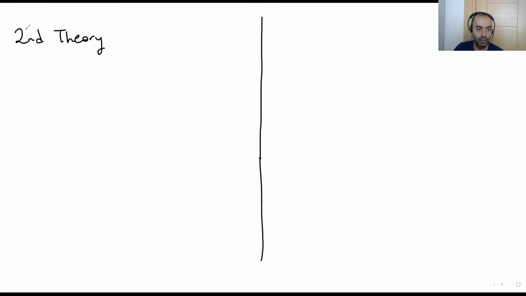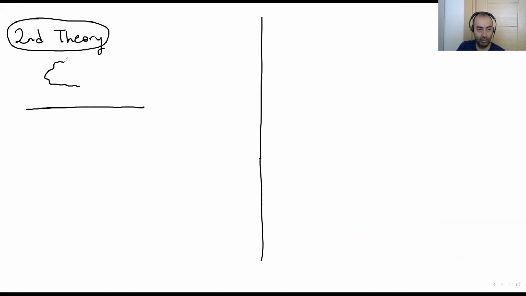Okay, let me write here. This second theory. Here I have an axis again, an arbitrary shape. So this is the area. Let's say this is the center point, the centroid point.